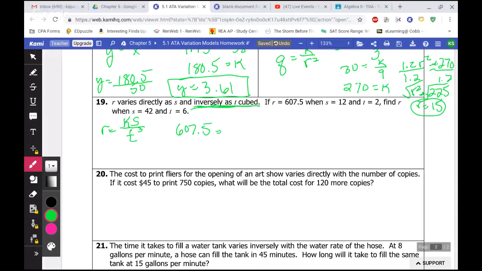Now we'll take the values of what we know, which is 607.5 when S is 12 and T is 2. So 607.5, multiply both sides by 8.